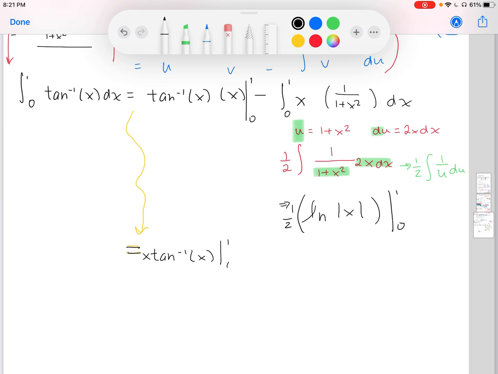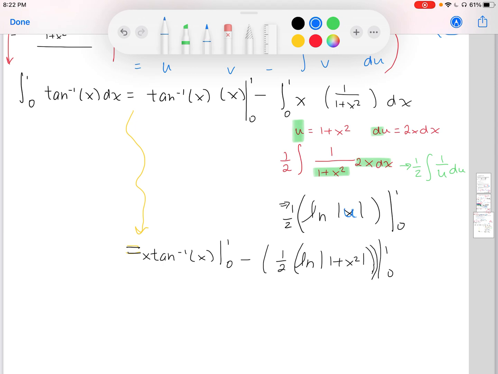We still have to evaluate from 1 to 0, minus 1/2 ln of the absolute value of, oh, that should have been a u because we did u-substitution. We have to replace that u back. So it's 1 plus x squared, with our bounds being from 1 to 0.